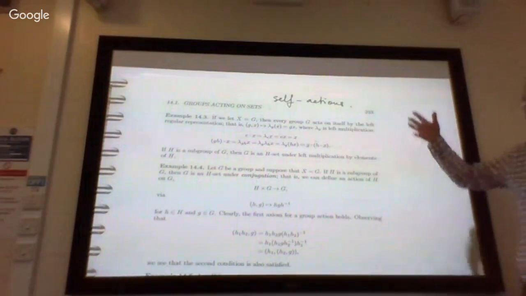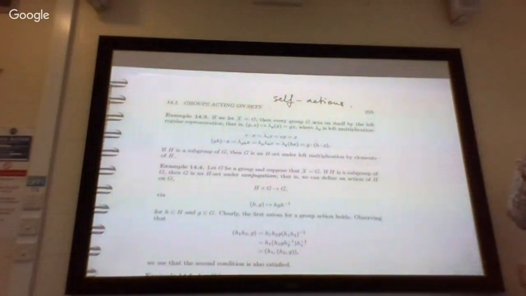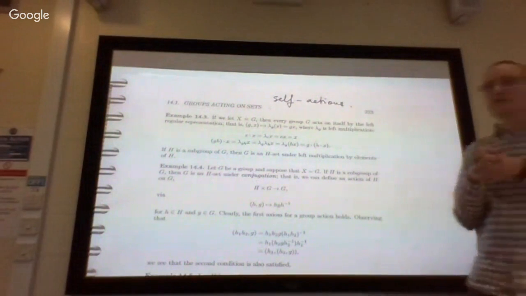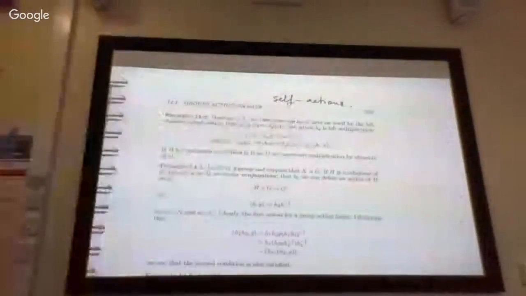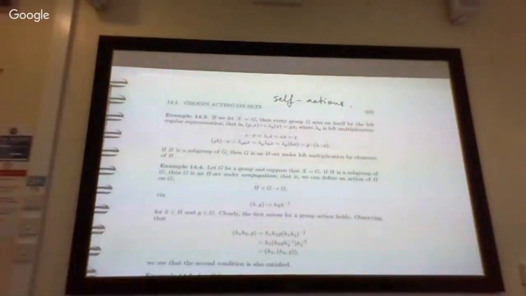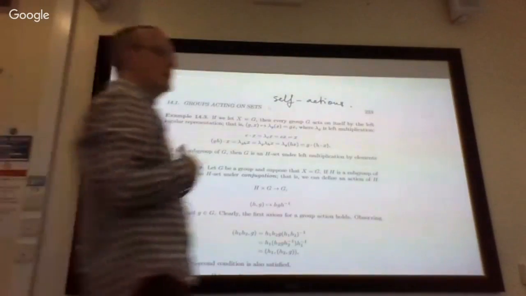So these two examples kind of collapse the notion. Although we stressed the fact that we should think about X as being a different thing to G, actually we never explicitly stated that. So there's nothing to stop us collapsing the two together and saying, well, what happens if we consider the set X being G itself? Can a group act on itself?